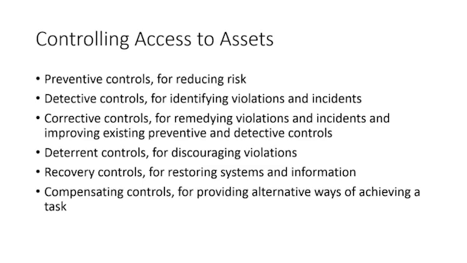So again, something has happened, an incident, but these corrective controls are for remedying the violations and the incidences, improving existing preventative and detective controls. So these corrective controls not only are supposed to fix what we had, we're learning from our mistakes.